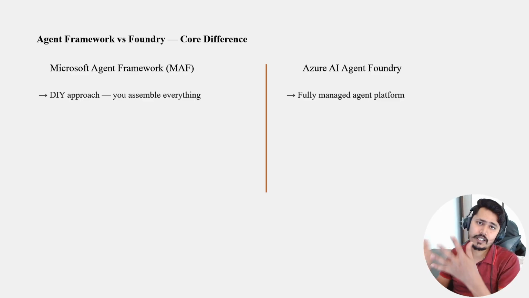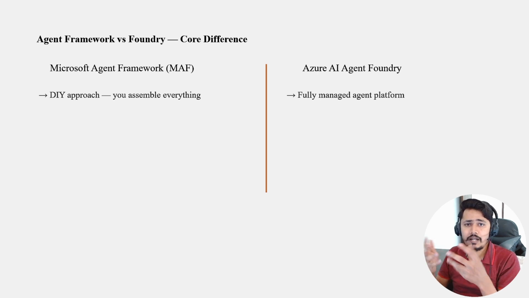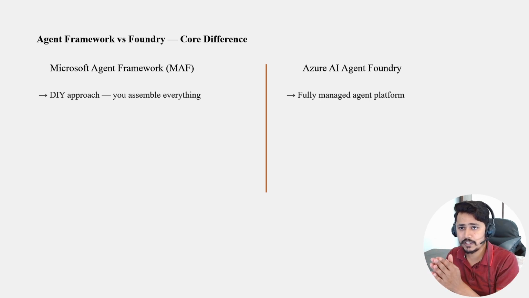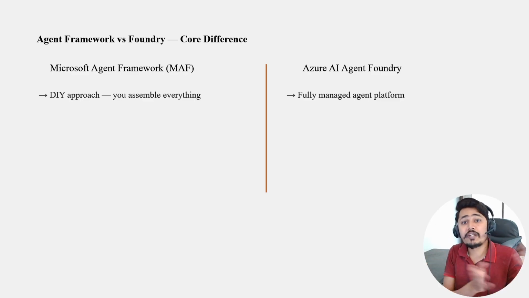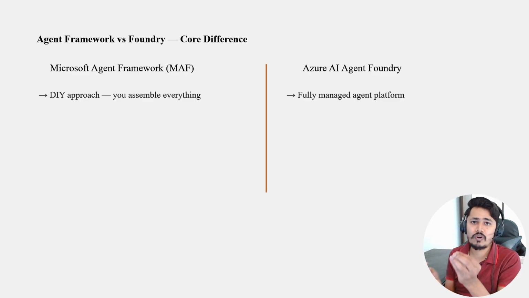Because once the application is deployed, it becomes a burden on the developer to keep monitoring or managing that application, and nobody wants that in the organization. Because once the application is deployed, the organization wants you to work on a new project instead of staying on the same project, right?